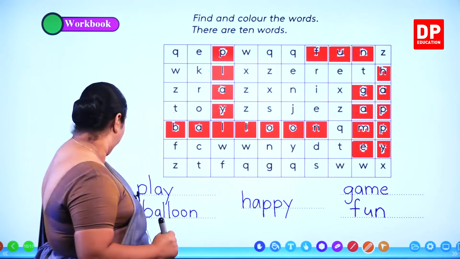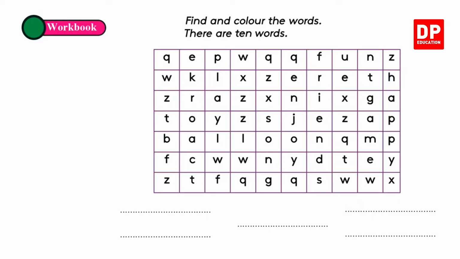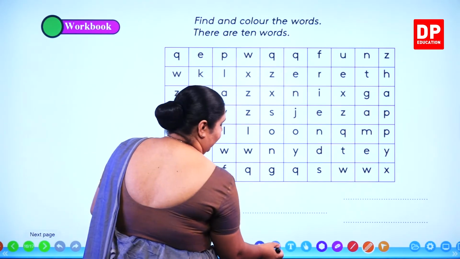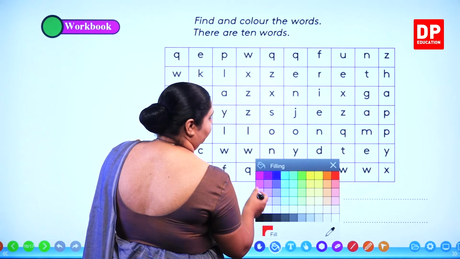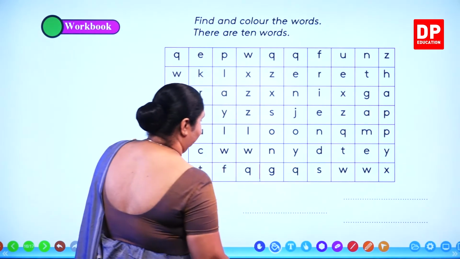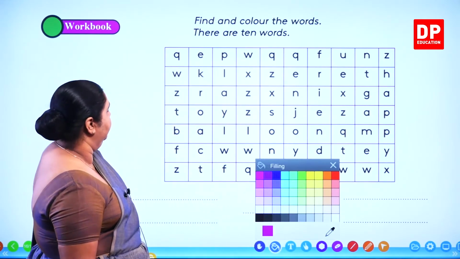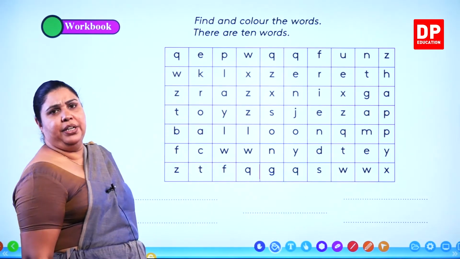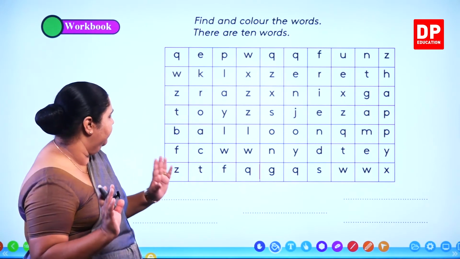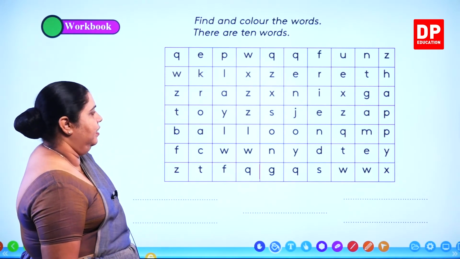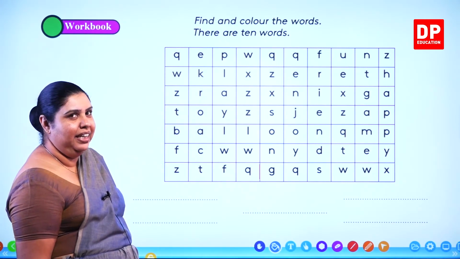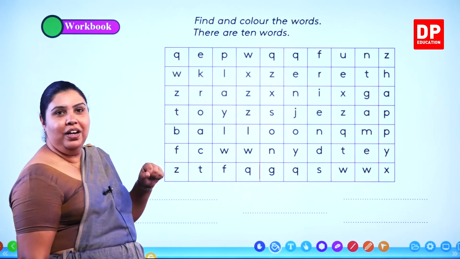Come. We will find our next set of words from here. Right now I'm going to take another beautiful color from here and we will color the other words. Right. Now what can you see? What are the other words that we can find? I see a word here, ball.